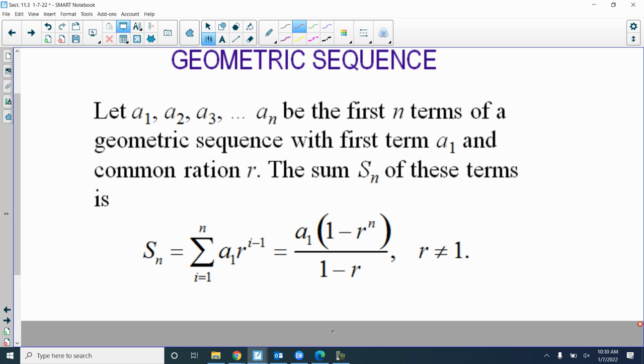Okay, the actual formula that we're going to use. Okay, that's the formula.